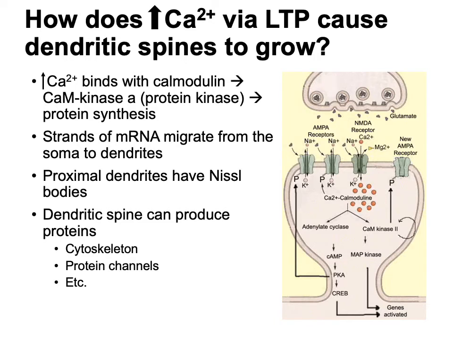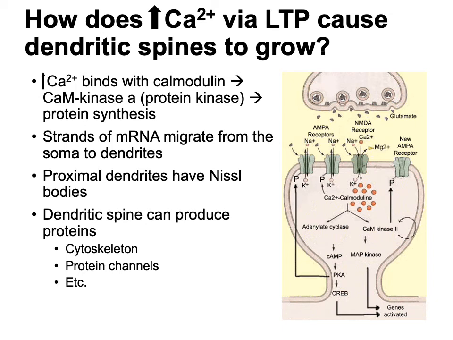How does increased calcium via long-term potentiation cause dendritic spines to grow? Well, the increased calcium within the dendritic spine will bind with calmodulin. This complex will stimulate CaM kinase, a protein kinase, to stimulate protein synthesis.